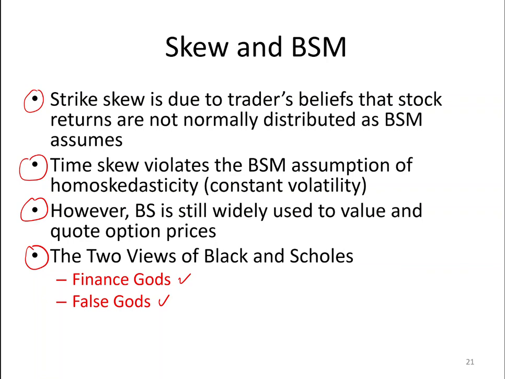That no one really believes this model. No one believes normal distributions on stock returns. However, it is kind of a handy way of communicating prices, so we'll just use it even though no one actually believes it. So at some point, you need to figure out your view. Are Black and Scholes gods, or are they just useful idiots that allow us to quote the prices of options using implied volatility?